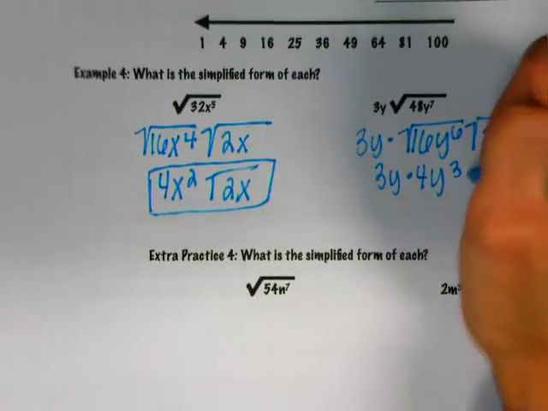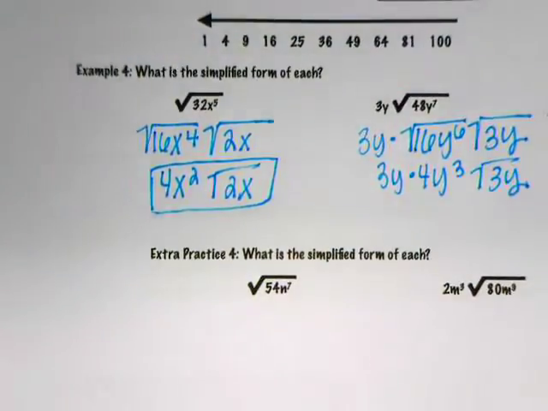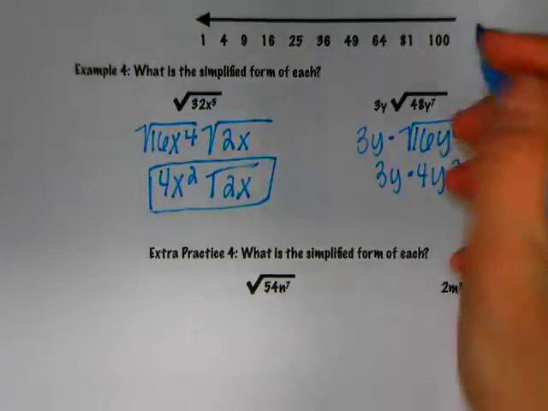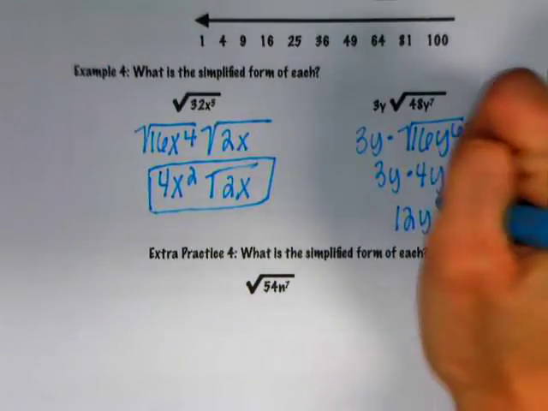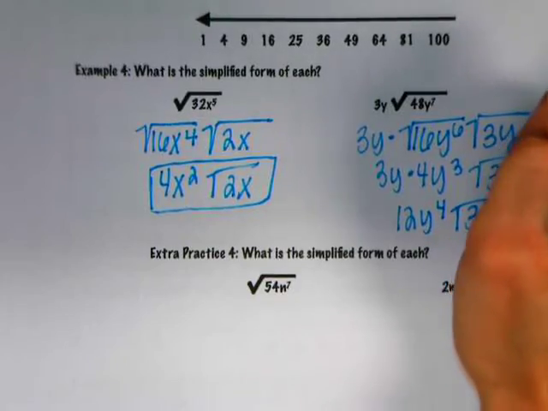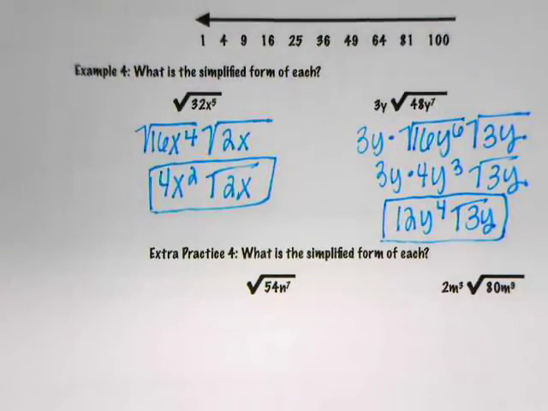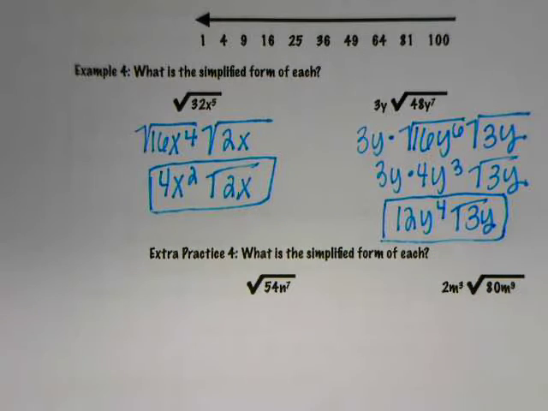Yeah, 4y to the 3rd. And don't forget, that's a 3y to the 1st power, right? So when I multiply those together, I'll get 12y to the 4th, because you have to add the exponents. Good? Okay, go ahead and try these last two.